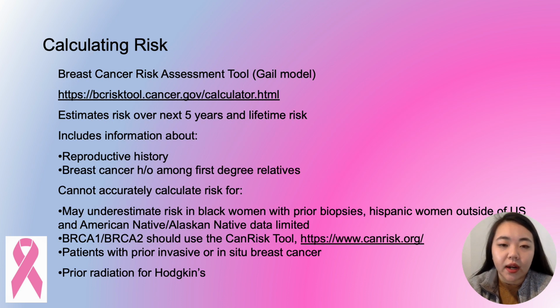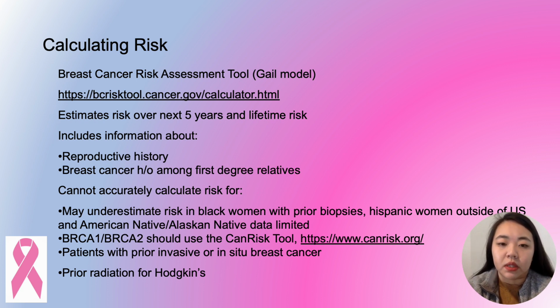How do we calculate our patient's breast cancer risk? We can use the Gail model, the link is shown in the slide, which estimates both the 5-year risk and the lifetime risk. Things to ask the patient about include reproductive history and breast cancer history among their first-degree relatives. However, in certain populations, this model isn't as accurate.